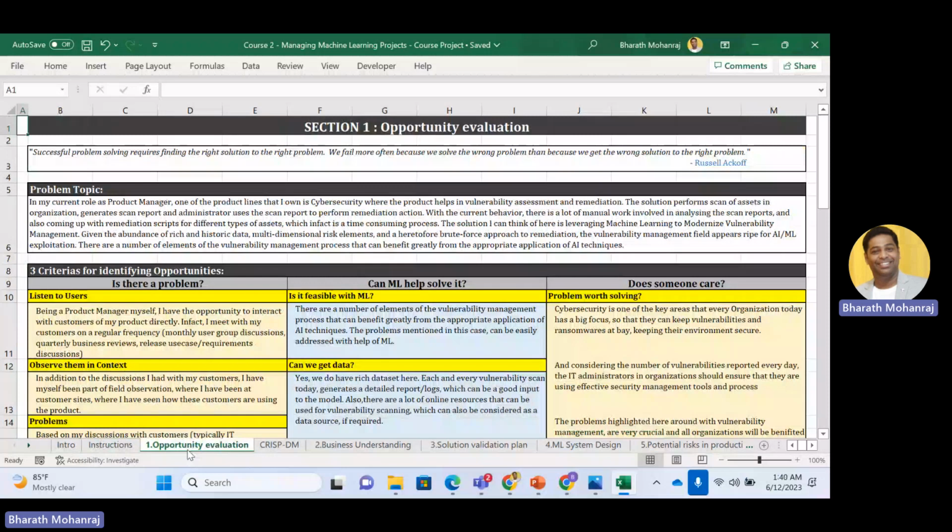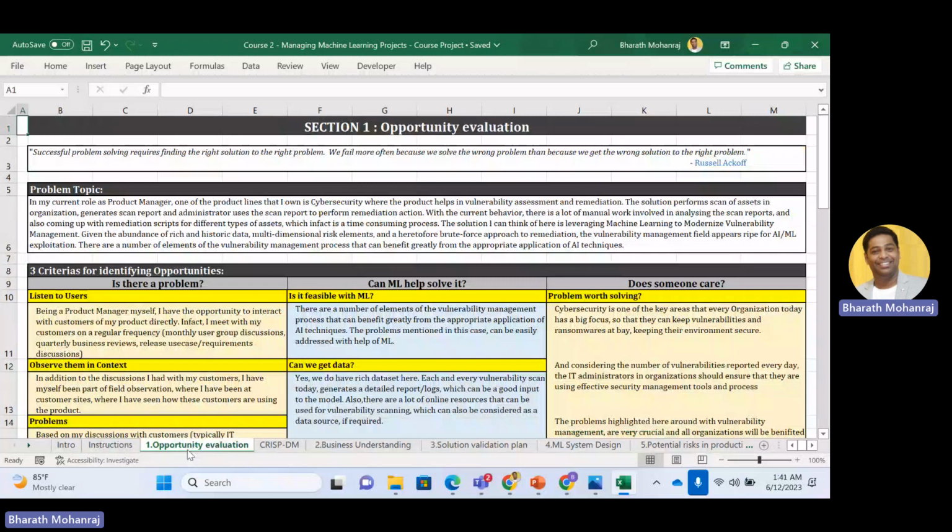The solution I can think of here is leveraging machine learning to modernize vulnerability management. Given the abundance of rich historic data that we have with our scan reports, the multidimensional risk elements and brute force approach to remediation, the vulnerability management field appears ripe for AML exploitation.